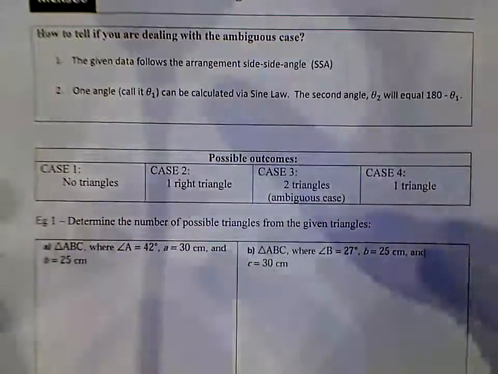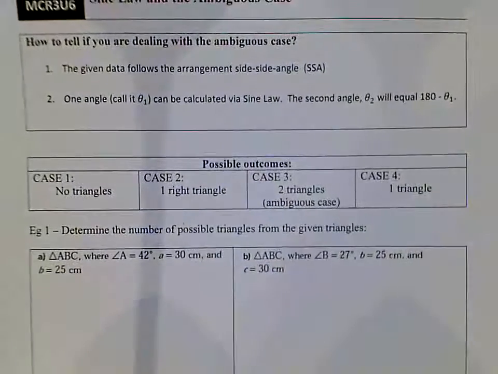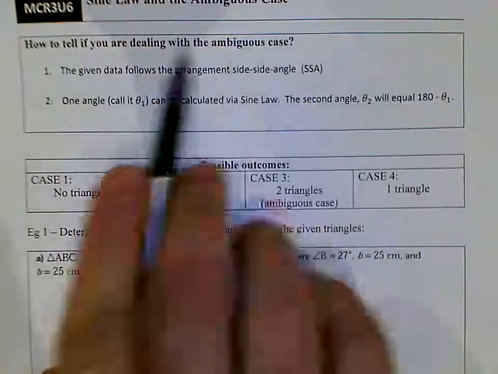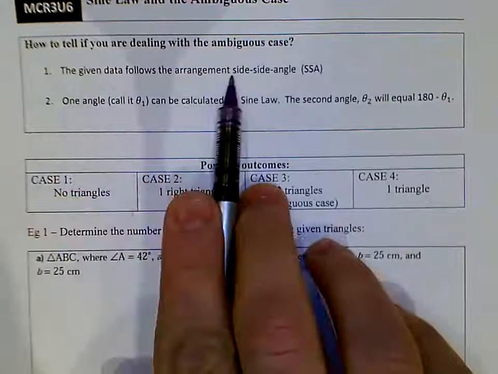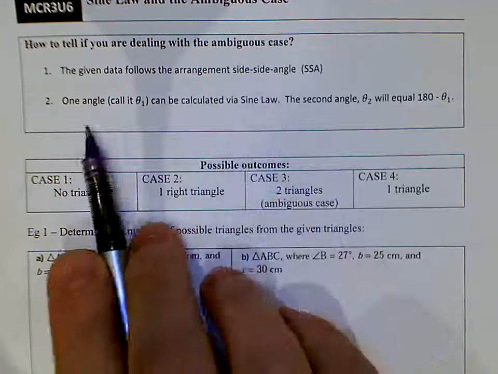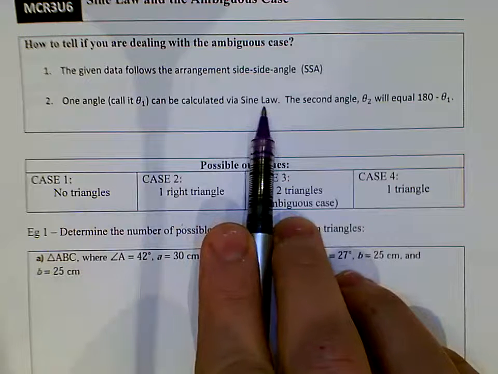So, might be a little bit unclear there, so let me see if I can just fix the focus. How to tell if you're dealing with the ambiguous case? Well, you should be given the following arrangement: a side, another side, and an angle. And one angle, we can call it theta 1, can be calculated via sine law.